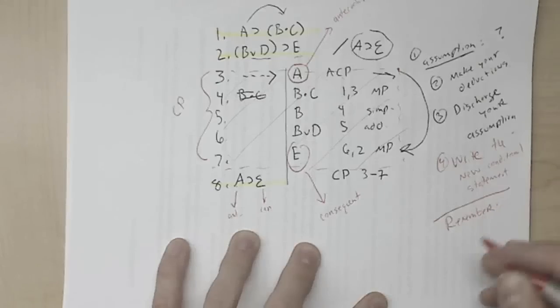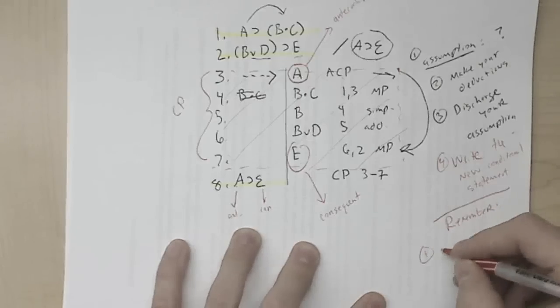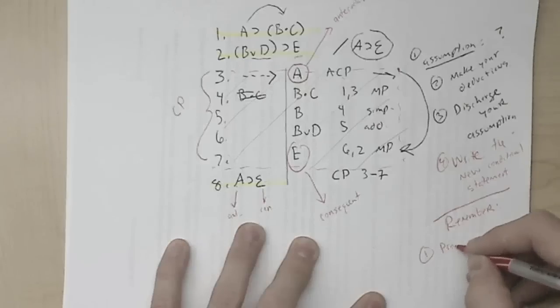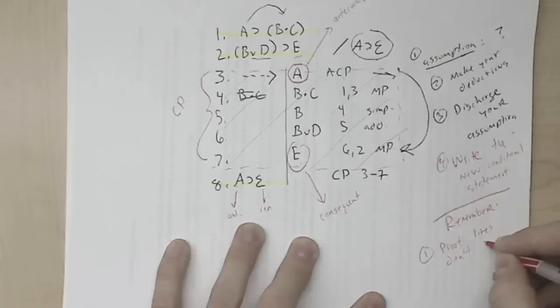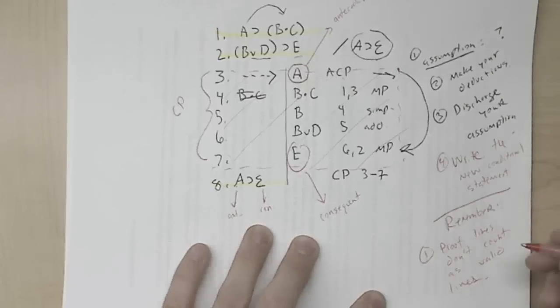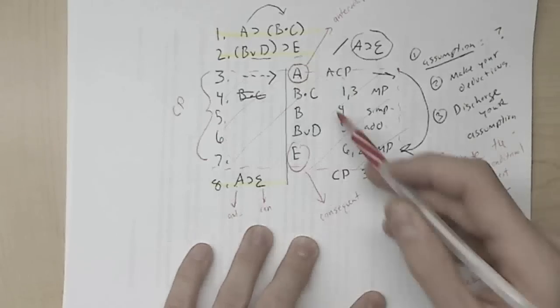What you need to remember is, number one, that these proof lines don't count as valid lines.